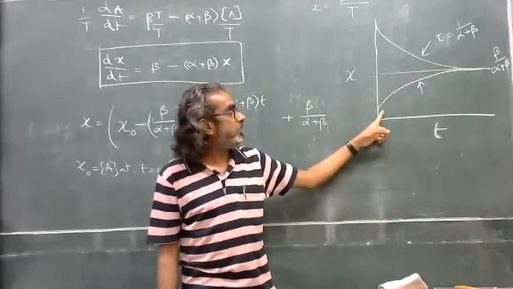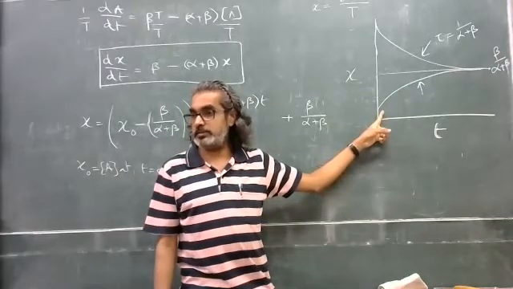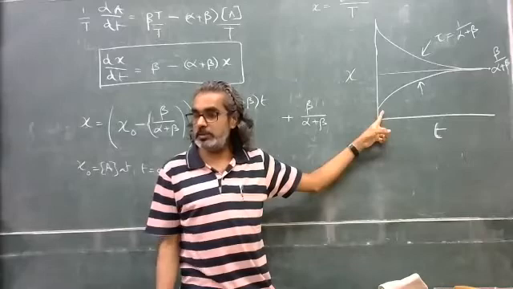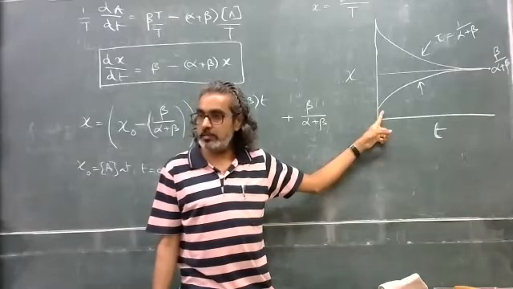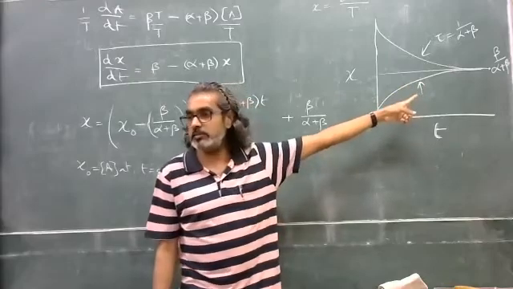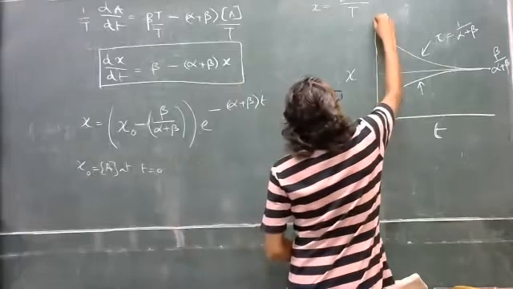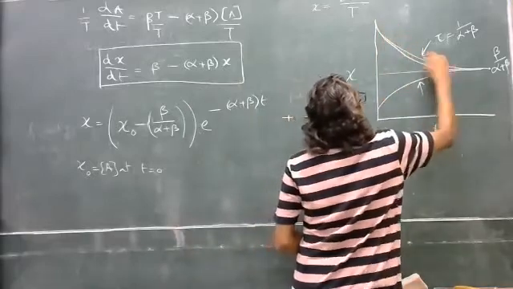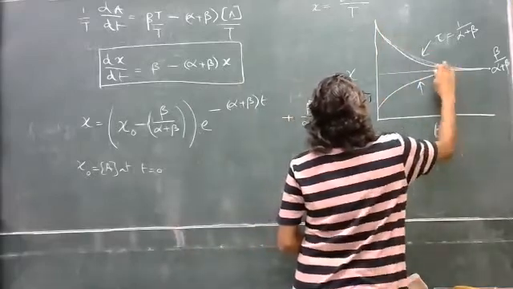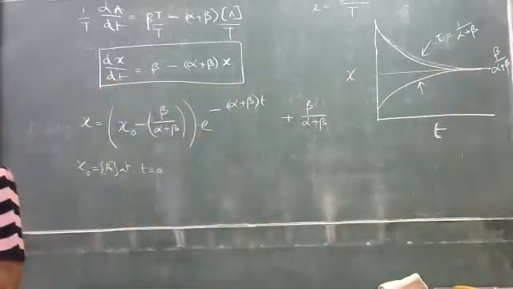But if you start with basically no X, or X is 0, meaning there is no A, then the A concentration increases until it reaches equilibrium levels. What's important is that for both these relaxations, the rate at which they change is exactly the sum of the rate constants, alpha plus beta.